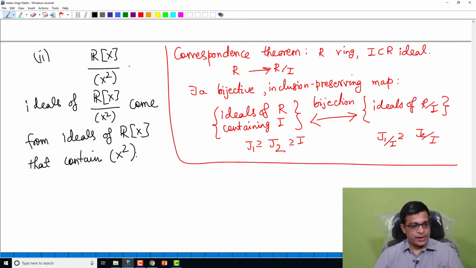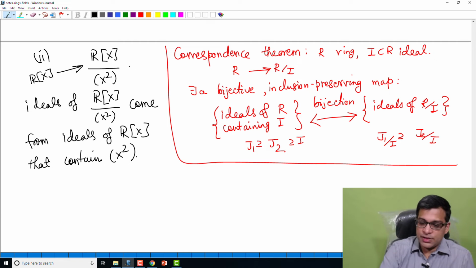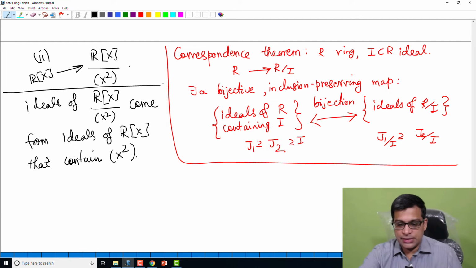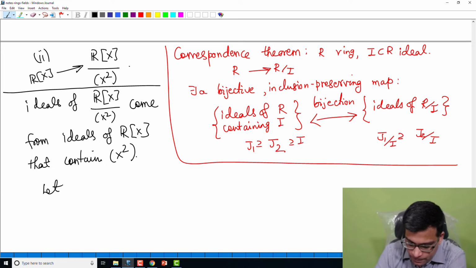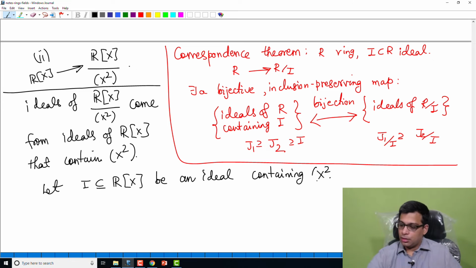So ideals of R[x] mod x squared come from ideals of R[x]. So there is a map from R[x] to R[x] mod x squared, and ideals in the ring R[x] mod x squared are actually images of ideals of R[x] which contain x squared. So let I be an ideal containing x squared. Remember, we are actually interested in maximal ideals of R[x] mod x squared.